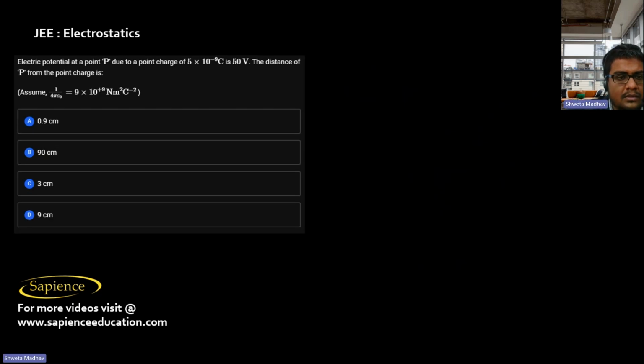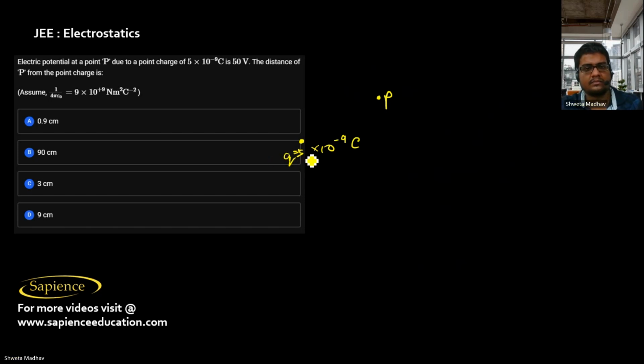Then it is told: electric potential at a point P due to a point charge Q, that is 5 into 10 power minus 9 coulomb, is 50 volts.